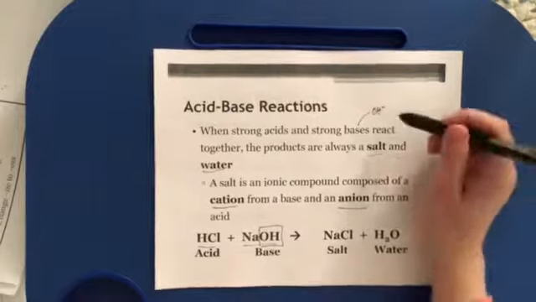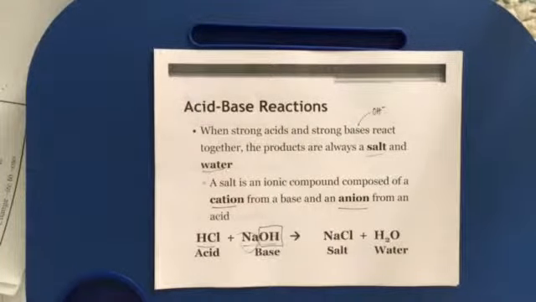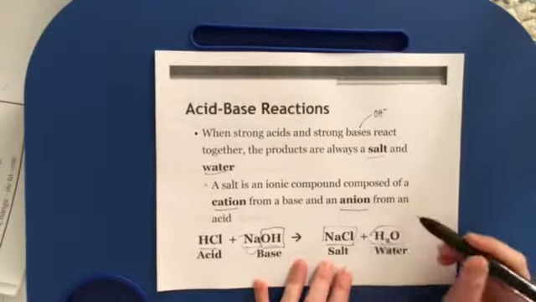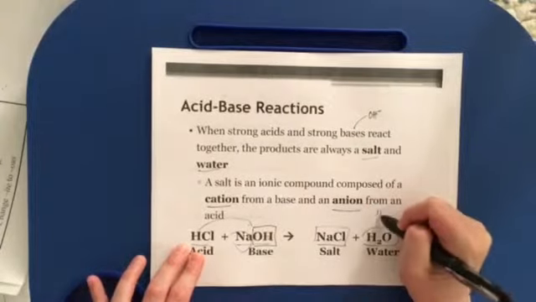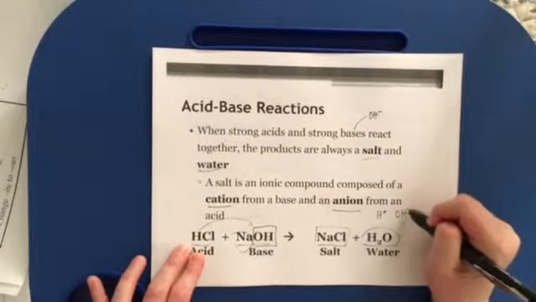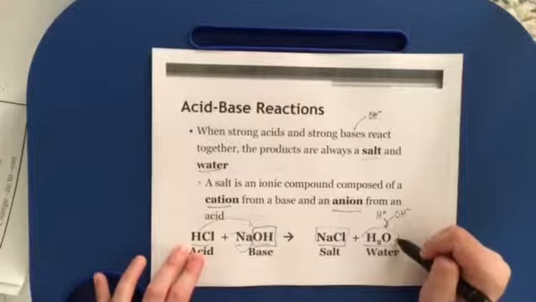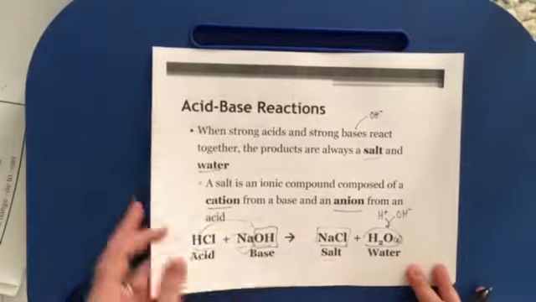Here a base is something that contains hydroxide and a metal cation. It forms a salt here and then water, because basically what you're getting here is H plus and OH minus that come together to form water. And this water is a liquid, and that's the driving force of this reaction.